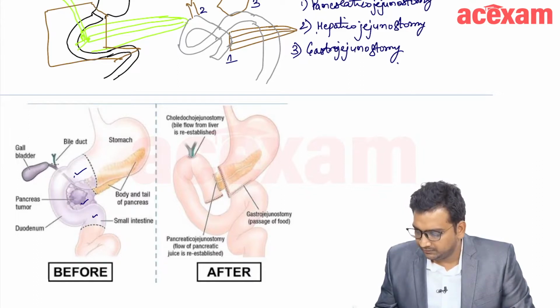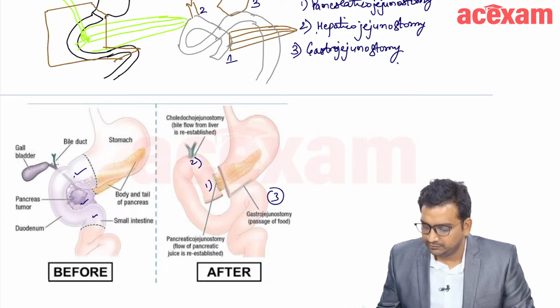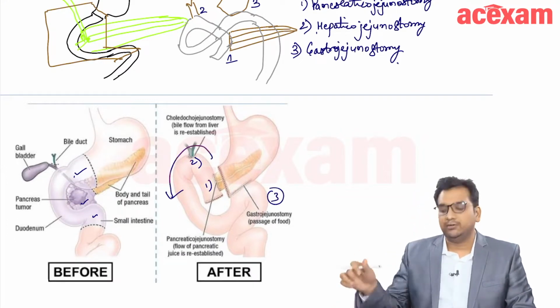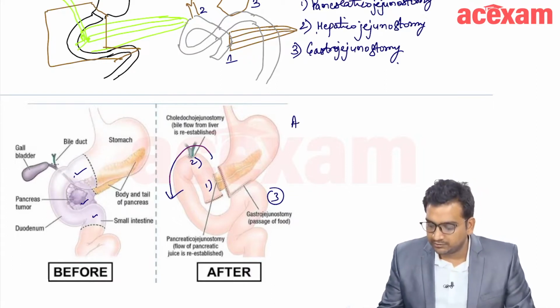You can see here, first we are anastomosing pancreatic, then second we are doing bile duct, then third we are doing gastrojejunostomy. So this way it is anti-clockwise anastomosis.